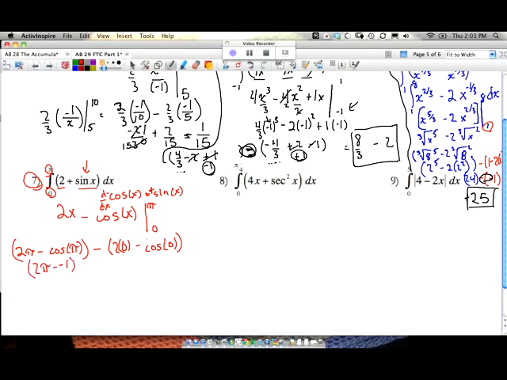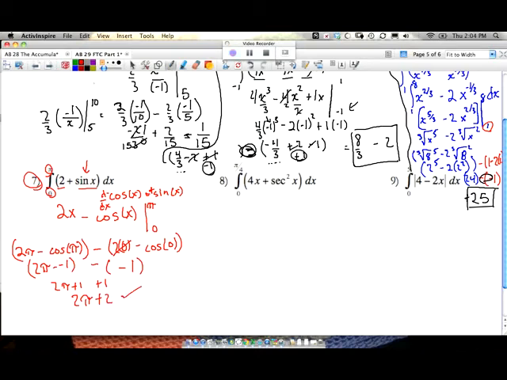And then for the next one, 2 times 0 is 0. Then we got negative cosine 0, and cosine 0 is 1. Right, so now we got a negative negative 1. That's going to be plus 1. So we got 2 pi plus 1 and then plus another 1. So that's 2 pi plus 2. Check.